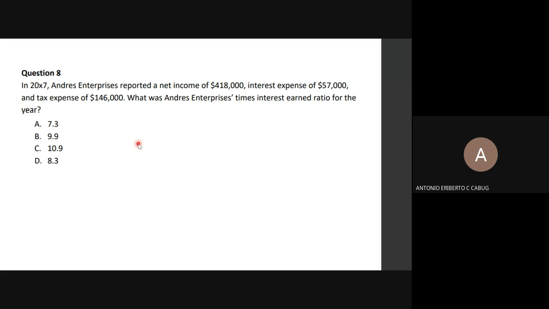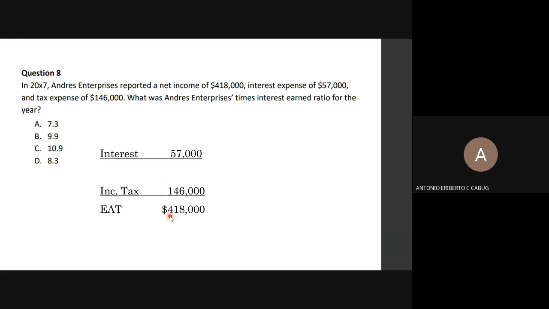In 20x7, Andres Enterprises reported a net income for 18K. Interest expense 57K. Tax expense 146K. What was Andres Enterprises tie ratio for the year?